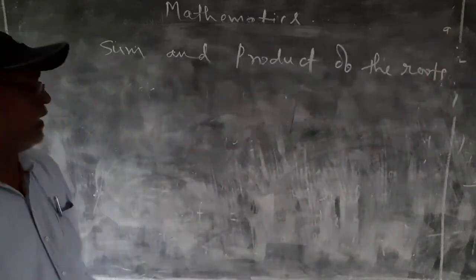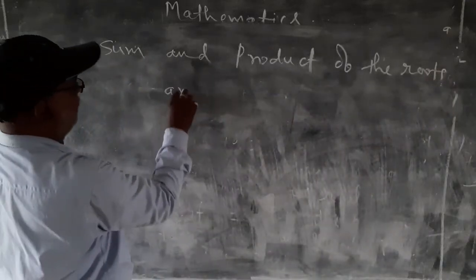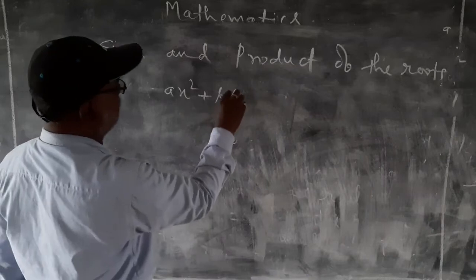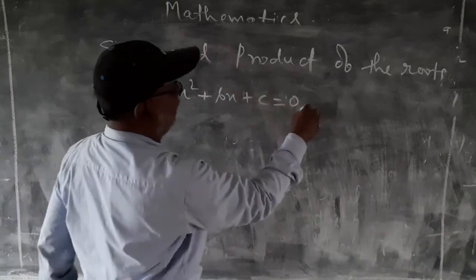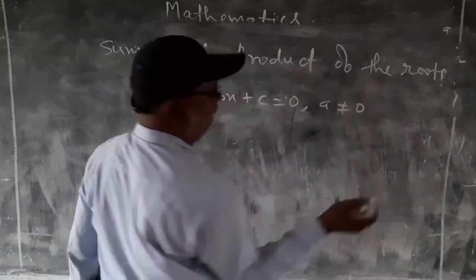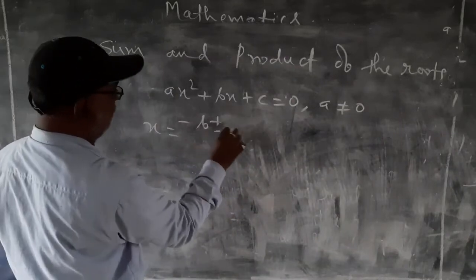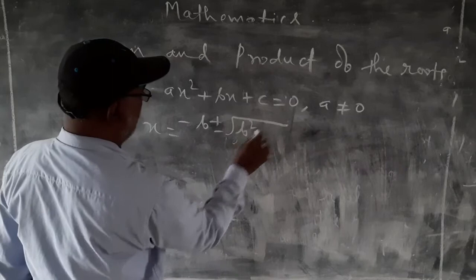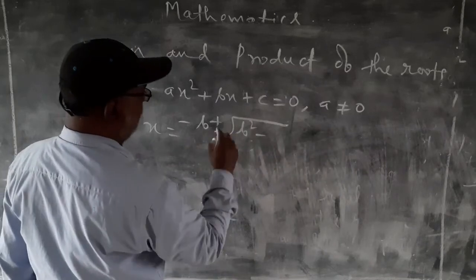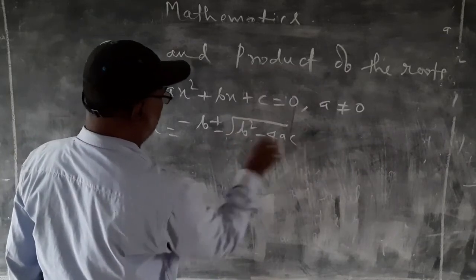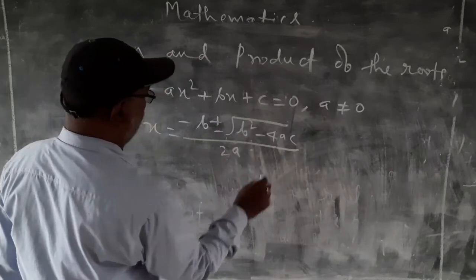You have seen that for the equation ax square plus bx plus c equal to 0, where a is not equal to 0, there are two roots, and the roots can be obtained by applying the formula minus b plus minus root of b square minus 4ac by 2a.